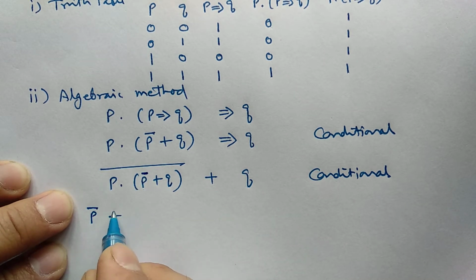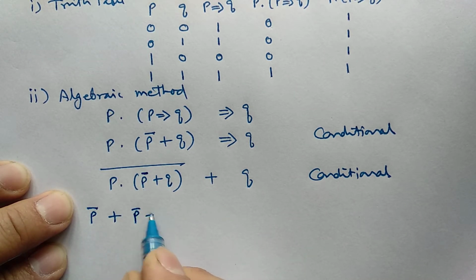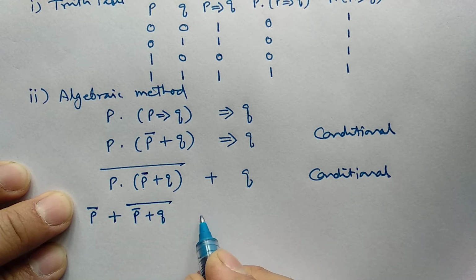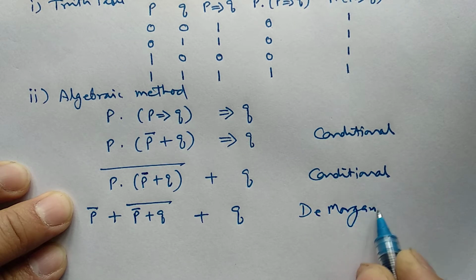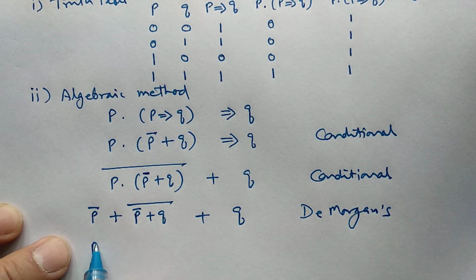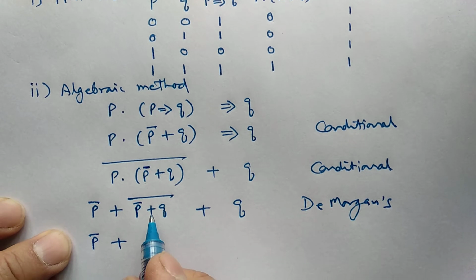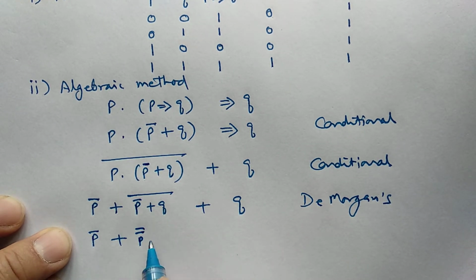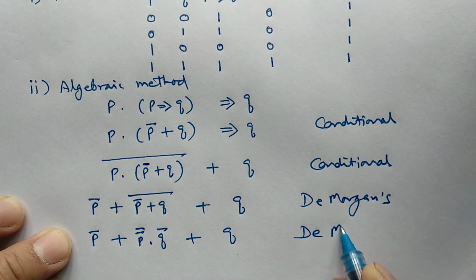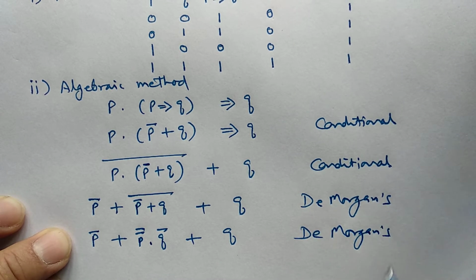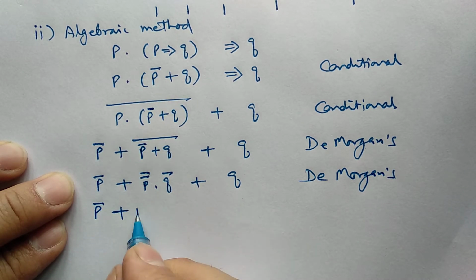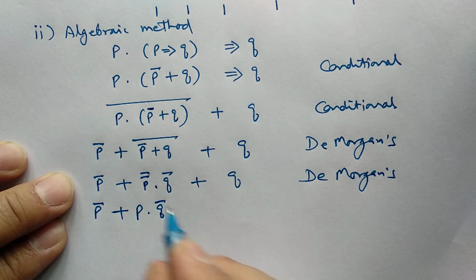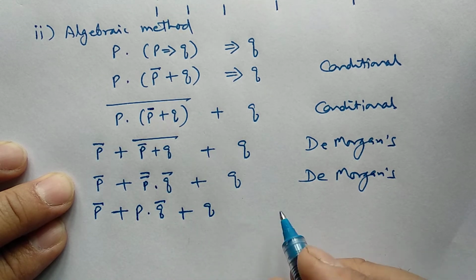This is not P or not Q or Q. Further applying De Morgan's law, we get not P or not not P and not Q. Now not P or not not P is P, which rule is it?